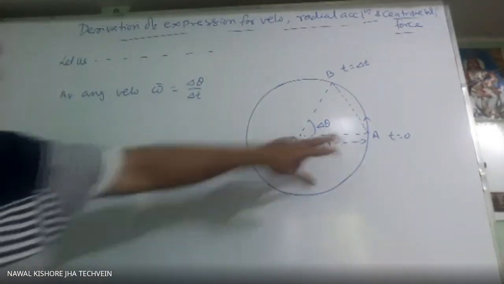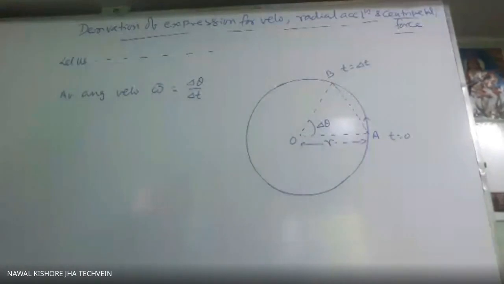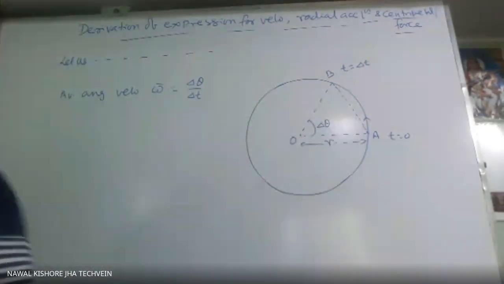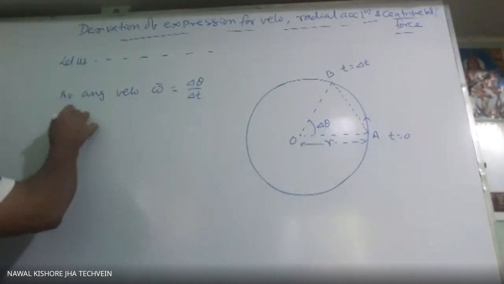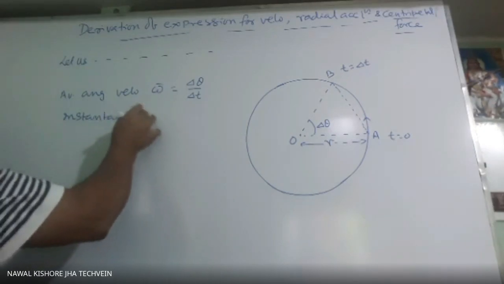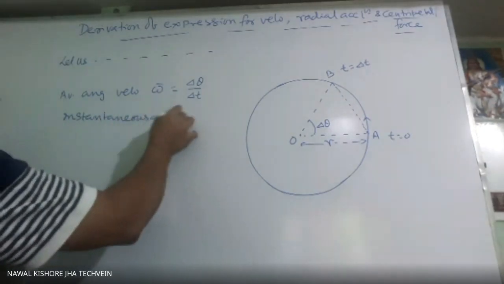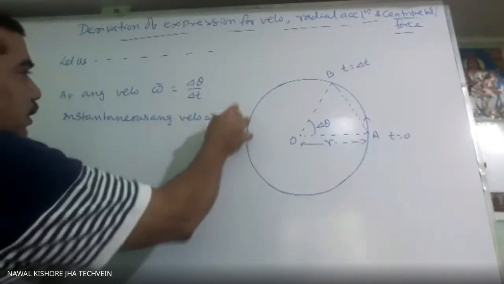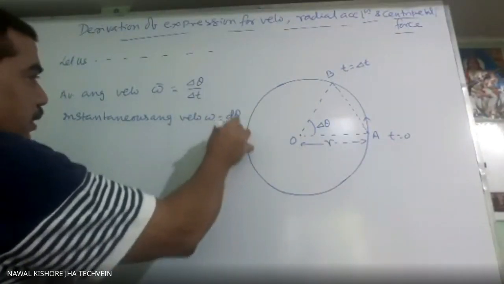Average angular velocity during this interval will be delta theta over delta t, whereas the instantaneous angular velocity, which we did the day before yesterday, omega, is d theta by dt.